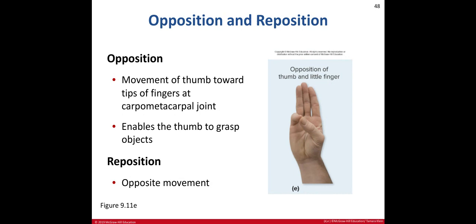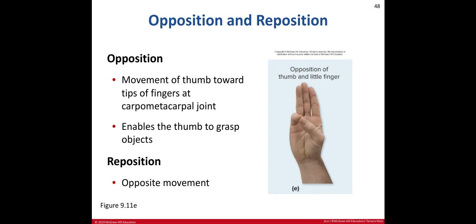Opposition and reposition are special movements for your hands. And it's one of the things that makes us special, I guess, in the animal world, because even primates can struggle with this. So this is really what makes a human super special. Opposition is the movement of your thumb towards the tip of your fingers at the carpometacarpal joint.